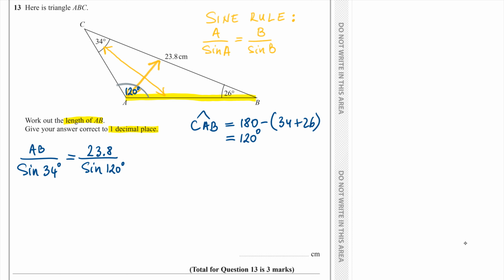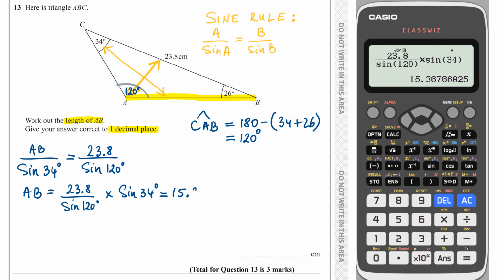Multiplying both sides by sine 34, the side AB equals 23.8 over sine 120 times sine 34 equals 15.367668 and so on. Rounding to one decimal place is 15.4 centimeters.